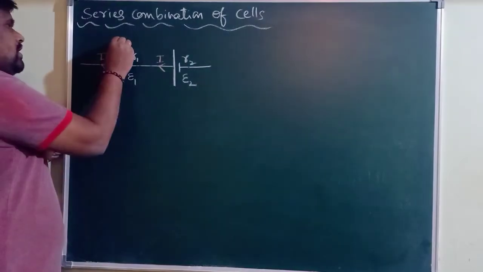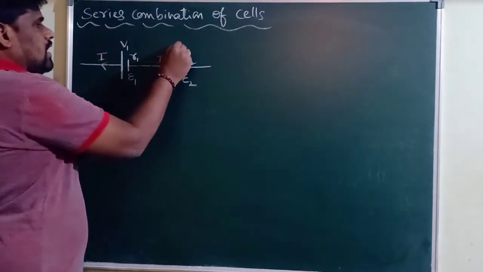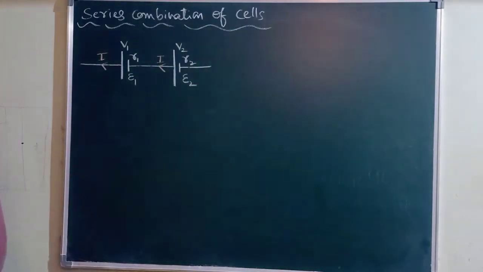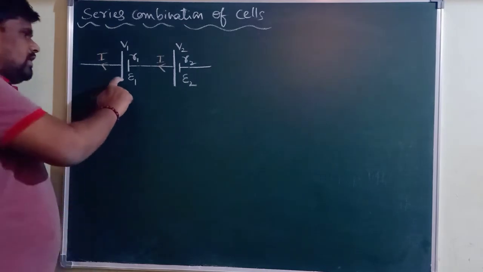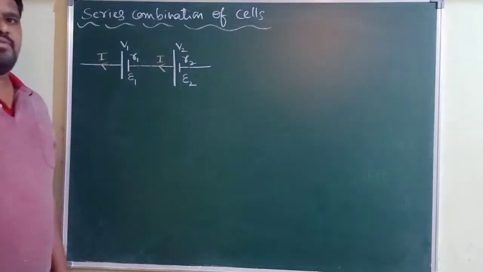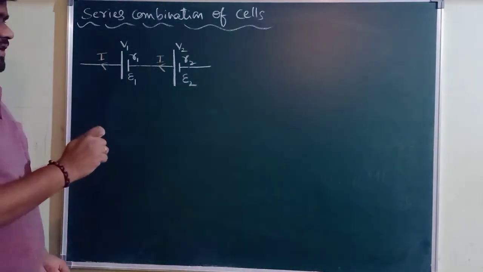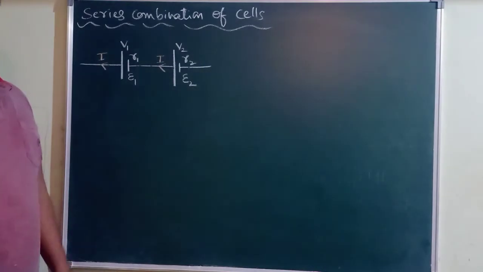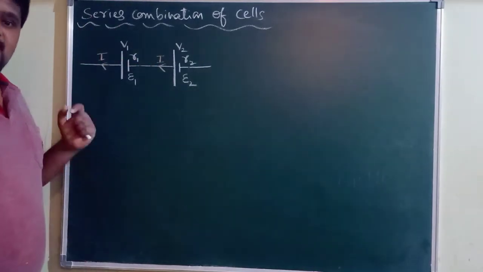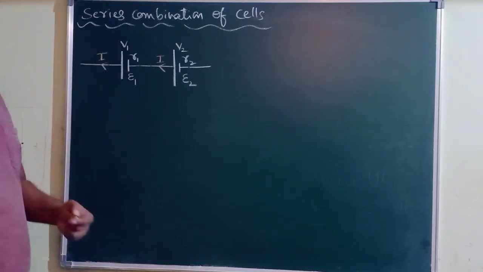The potential difference across the first cell is V1, and the terminal potential difference across the second cell is V2. E1 is the EMF of the first cell, E2 is the EMF of the second cell, R1 is the internal resistance of the first cell, and R2 is the internal resistance of the second cell.